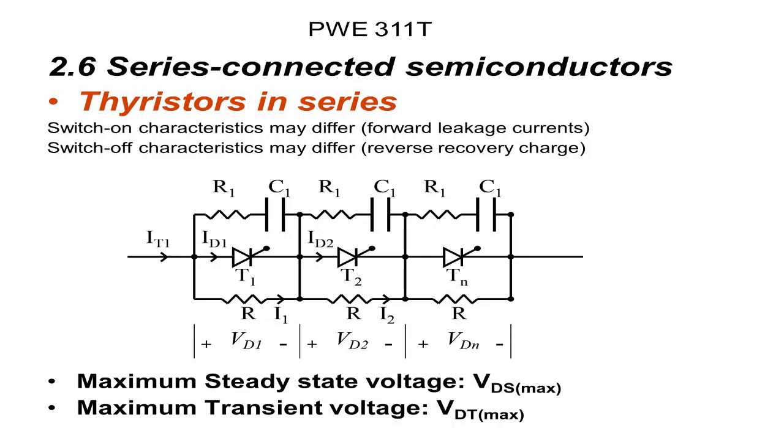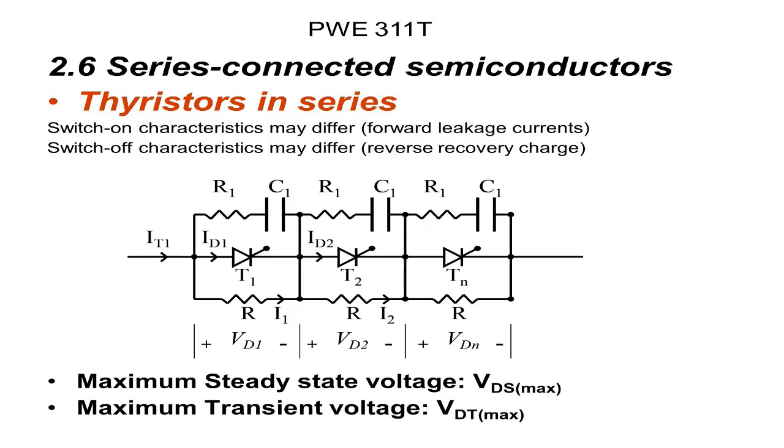So now thyristors in series, switch on characteristics may differ. Okay, forward leakage current and switch off characteristics may also differ. All right. Now, so if you have something like this, we'll have a thyristor in series.